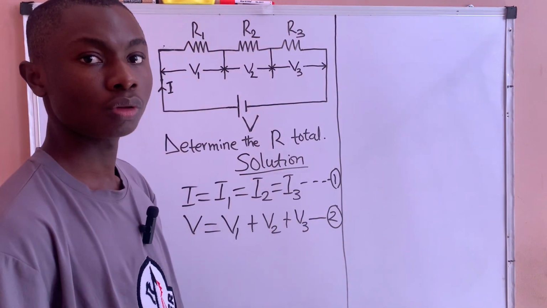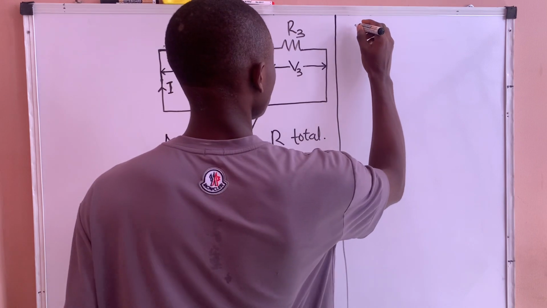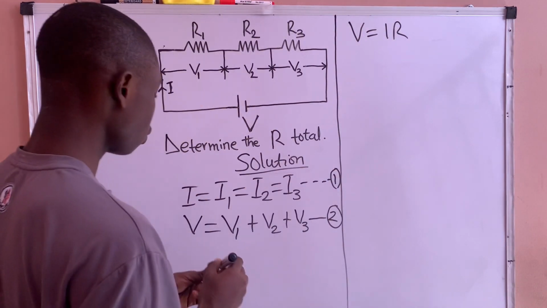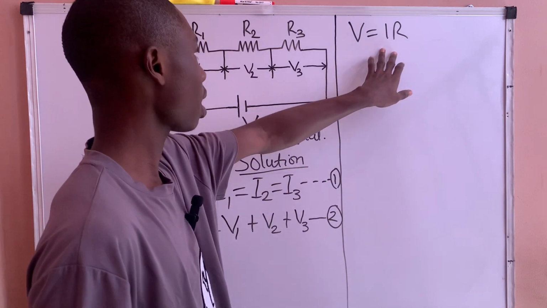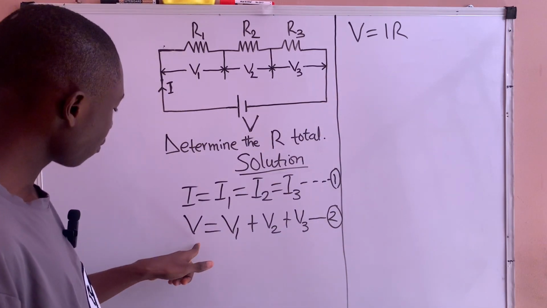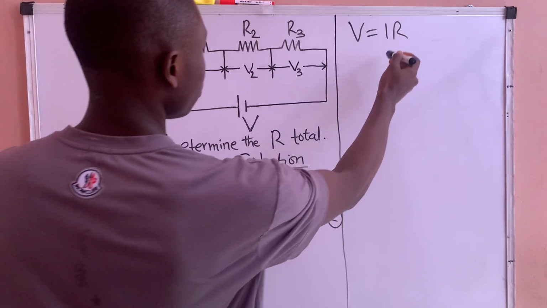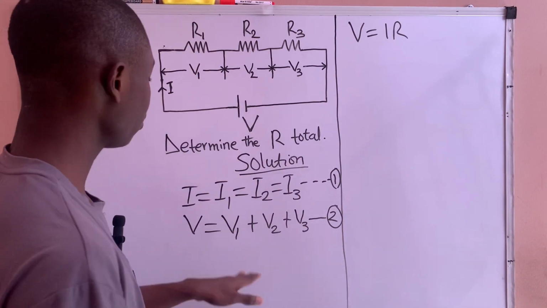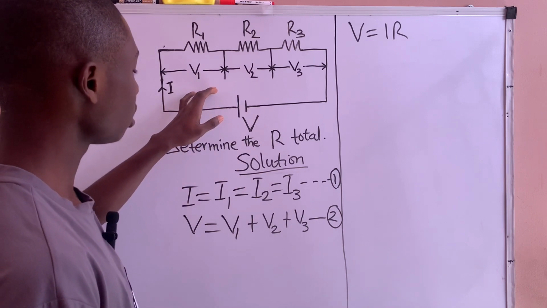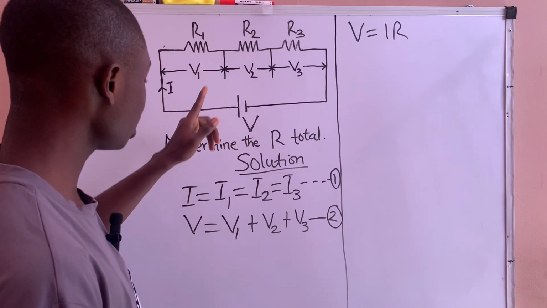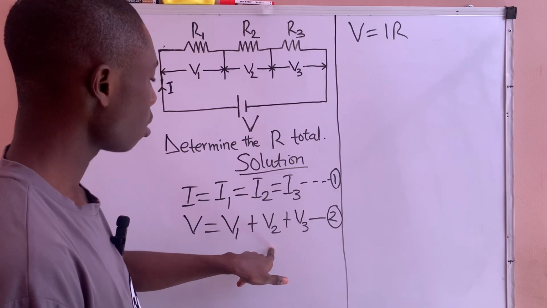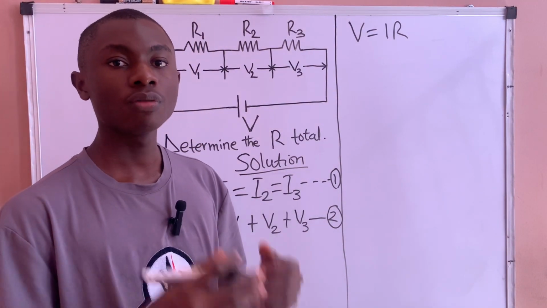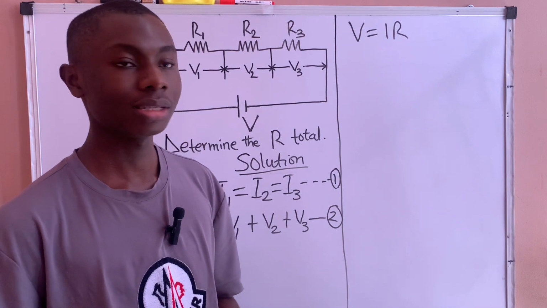But we know from Ohm's law that V is equal to IR. So from Ohm's law, we solve for these other values of voltage that differ in this network and substitute them into equation 2. By doing that, we will get the equivalent resistance of a series circuit.